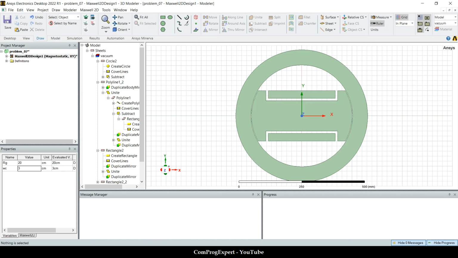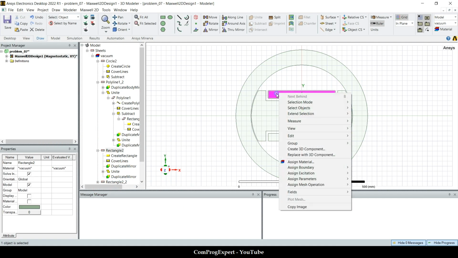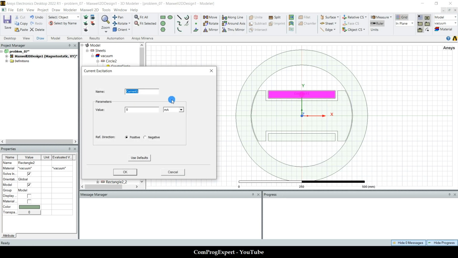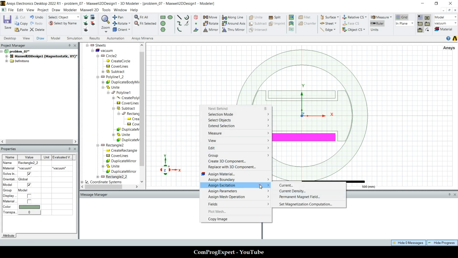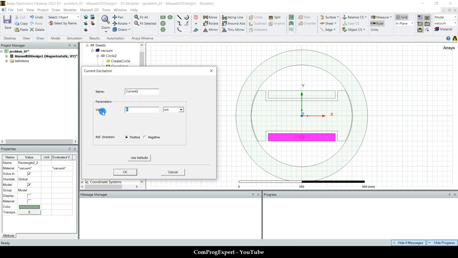So let's select this one, the excitation current is 500 times 5 ampere. The direction of the current is negative. For this one, the direction of the current is positive.